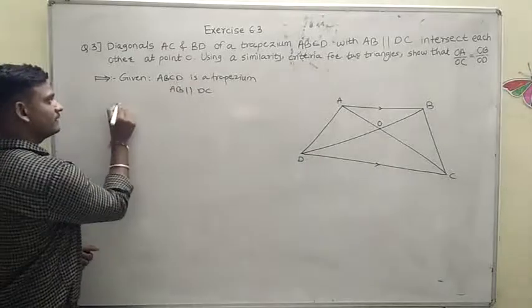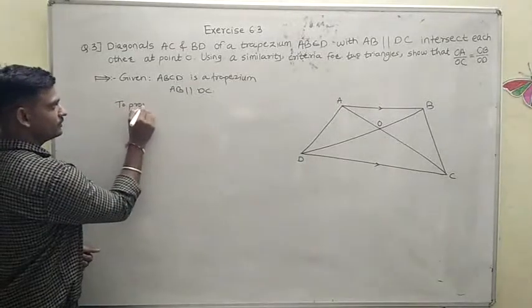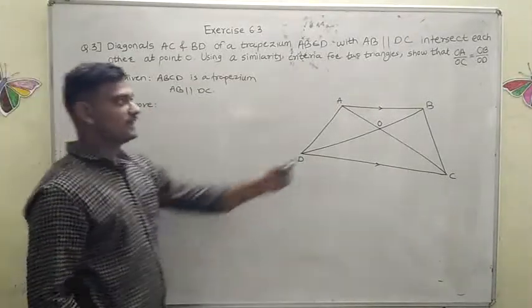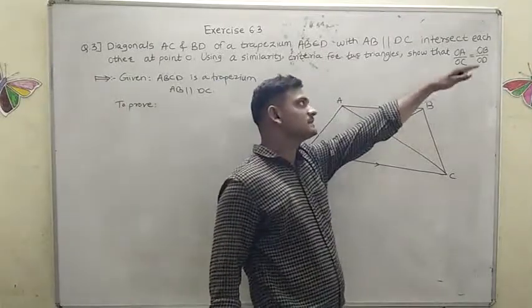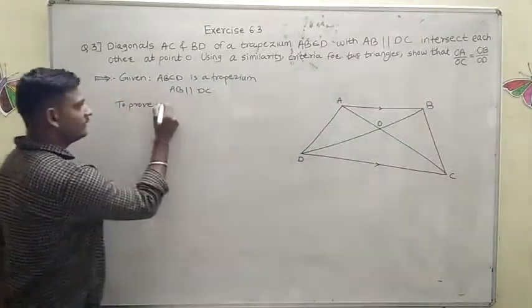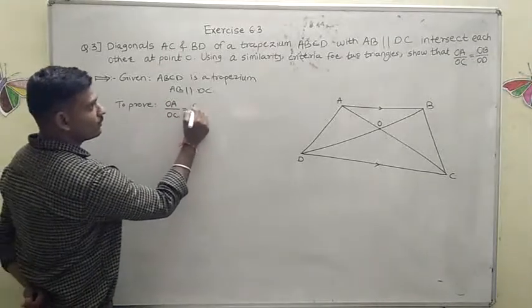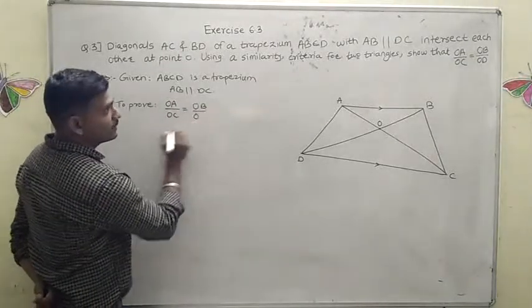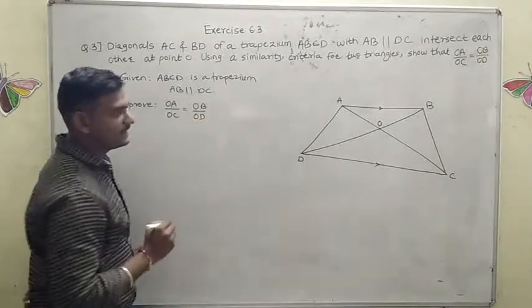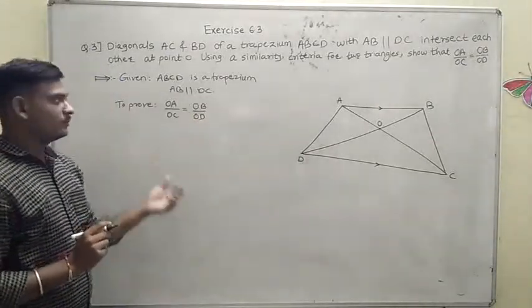To prove: OA divided by OC is equal to OB divided by OD.